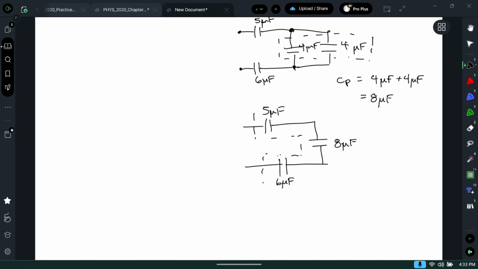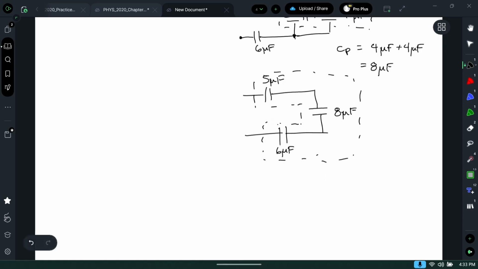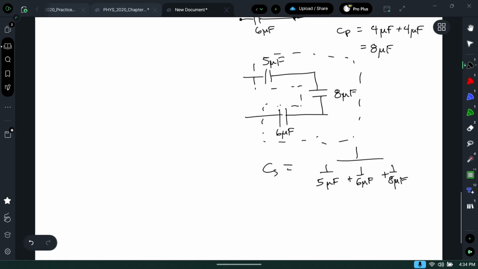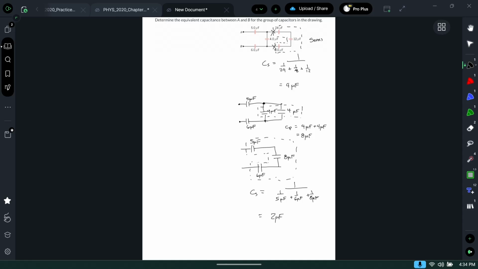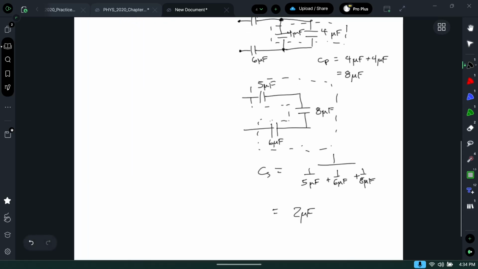I can easily get from one to the other, just sliding my finger along. All right, so I can replace those with a single one for capacitors in series, 1 over, 1 over. Comes out to 2-ish. Okay, seems reasonable. All right, so that's that one.